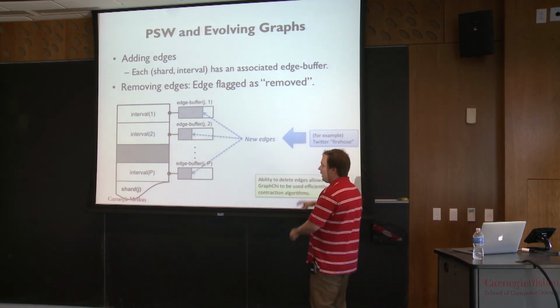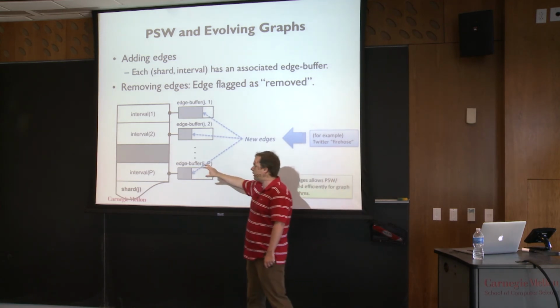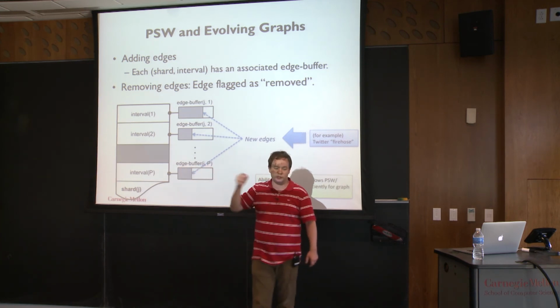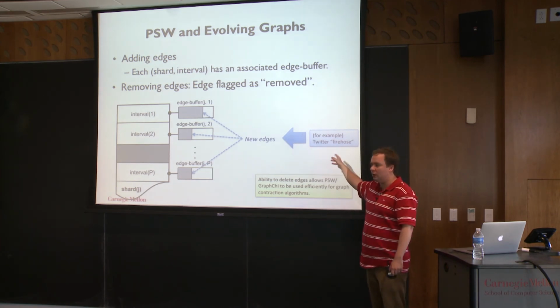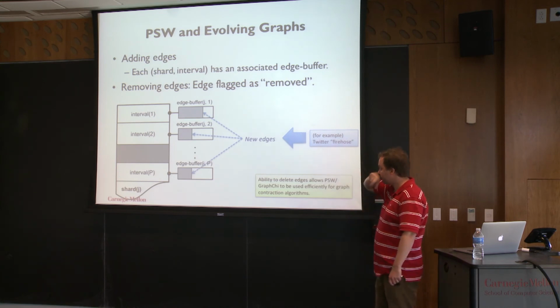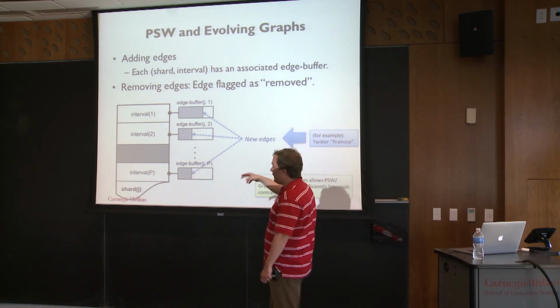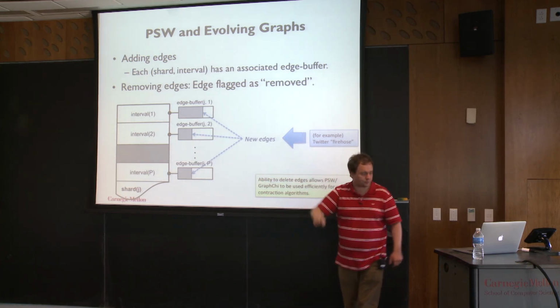So if you recall, we have these shards. For each shard and interval pair, we defined something we call an edge buffer, which is an in-memory buffer which stores the new edges which come from some process, for example, from the Twitter Firehose. And so when we load an interval, in addition to looking for edges from the shards, we also look at these edge buffers.